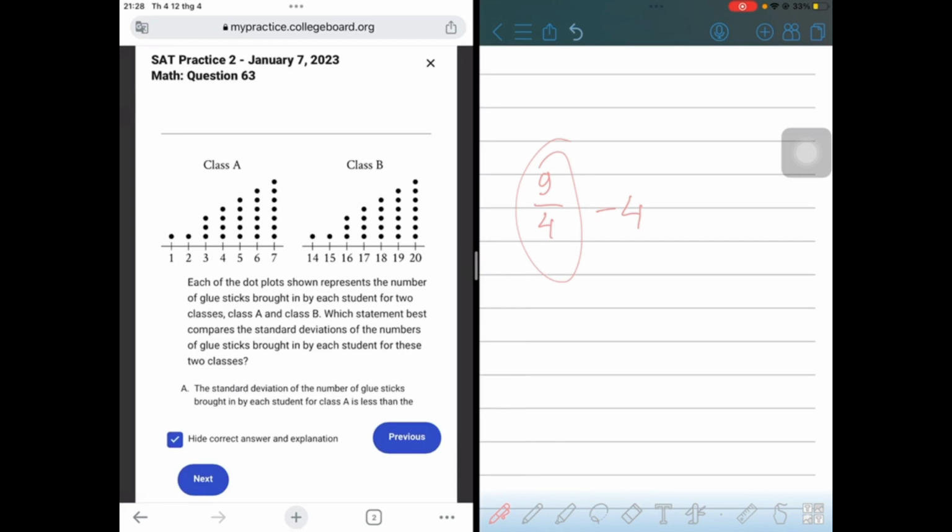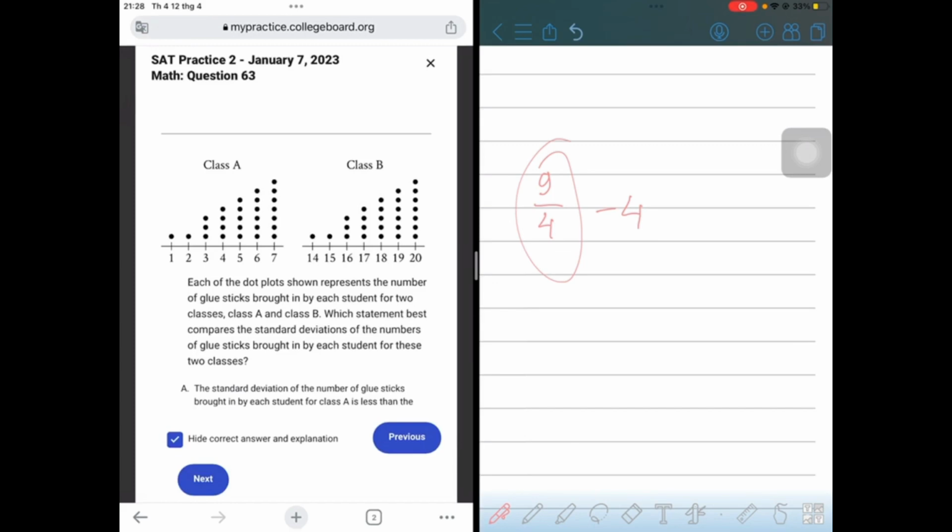Because if 20 here is 3 points away from 17, just for example, then in class A we also have 7 that is the same distance from the mean 4.